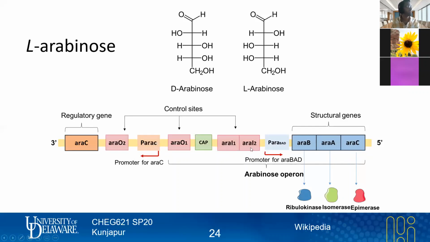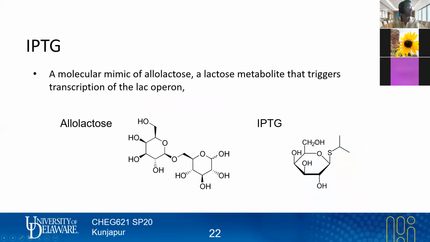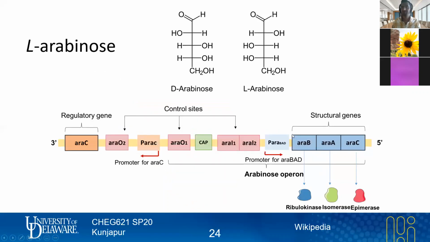And arabinose, the form that's recognized by cells, like other sugars, has to do with the chirality. It would be the D enantiomer. So you can use the L enantiomer as an inducer. And part of the reason why you'd want to do that, and I forgot to mention this about IPTG as well, is because you don't want your inducer to actually get broken down.